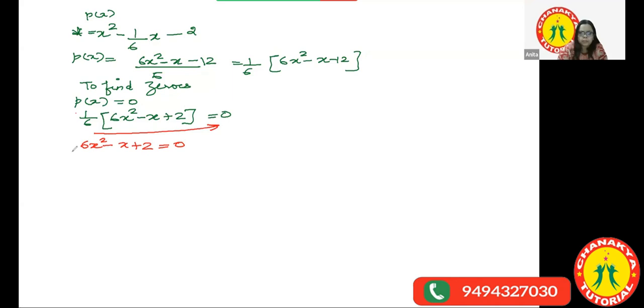Now see, children. Now we have got a quadratic polynomial. So you will split the middle term. Multiply the last constant term with the coefficient of x square. So 2 sixes are 12. Now make factors of 12 so that you can get 1 here, because the coefficient of x is 1. 3, 4.